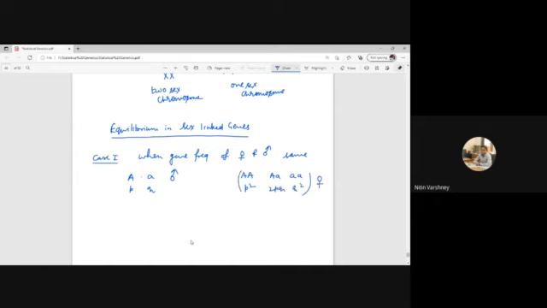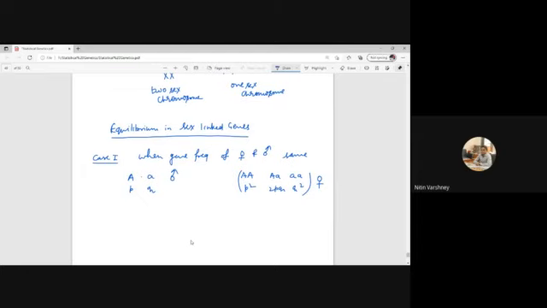So these frequencies are the same in both the sexes, male and female, p and q. Then such a population will be in equilibrium in one generation only.